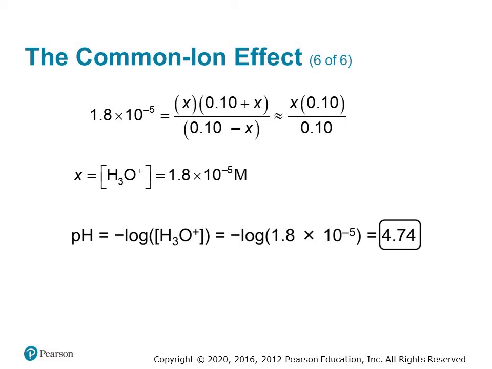Plugging this into the formula for pH provides a value of 4.74, almost 2 pH units less acidic than the 2.89 pH for a 0.10 molar solution of just the acetic acid.